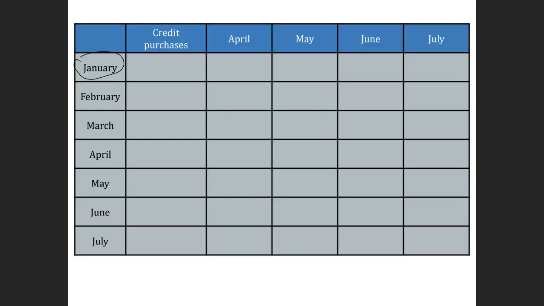So that would be Jan through to July in this first column, as you can see here. So now that you know which columns you're including, you will draw up your table, and you'll also include a column for your credit purchases, because this makes it easier for you to have all of your figures in one place and just work with the credit purchases. Also, there are marks allocated to that, so it obviously is quite necessary.